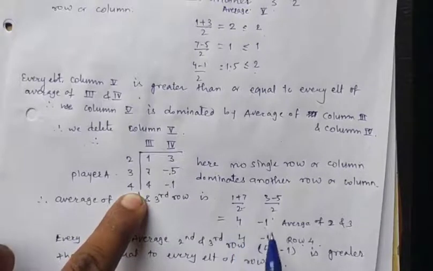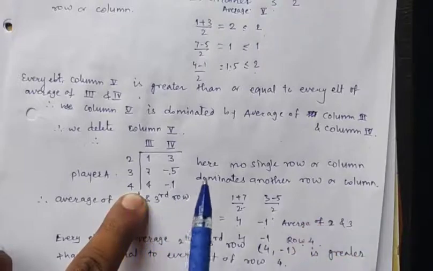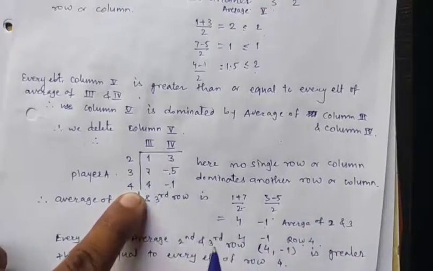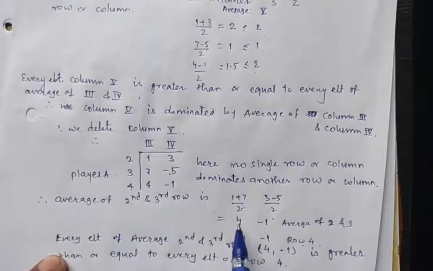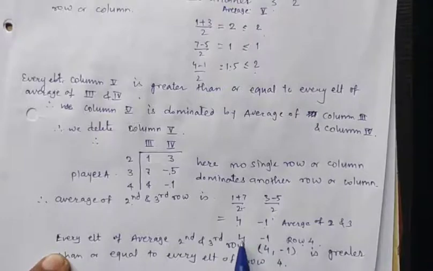Both are equal, but among dominating rows, the minimum row is always deleted. After taking the average we get 4, minus 1 and 4, minus 1, both the same. Therefore every element of the average of rows 2 and 3 is greater than or equal to the remaining row 4.